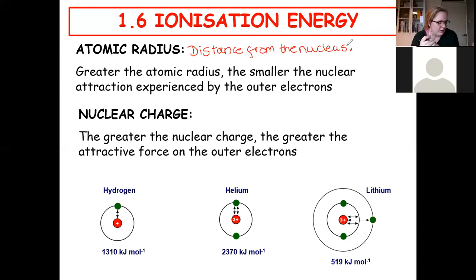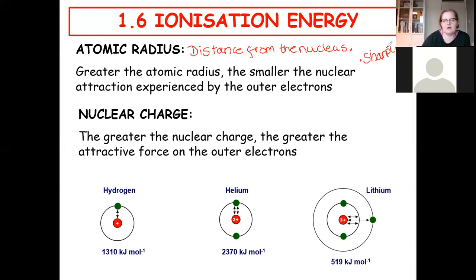But anyway, the greater the atomic radius, the smaller the nuclear attraction experienced by the outer electrons. It's a bit wordy. Basically, our electrostatic attraction, that attraction between our electrons and our protons, will decrease with distance. And it doesn't just decrease, it decreases sharply.